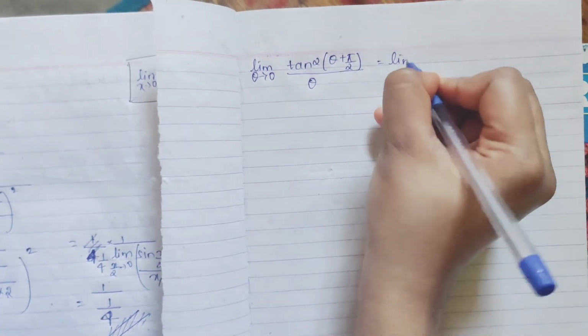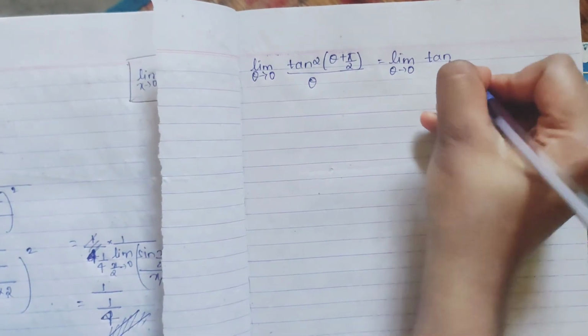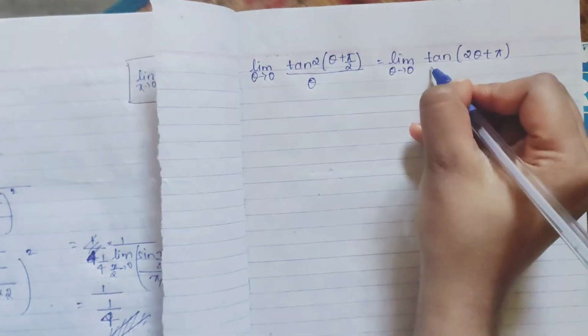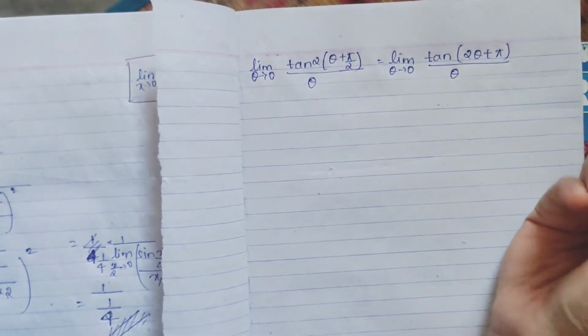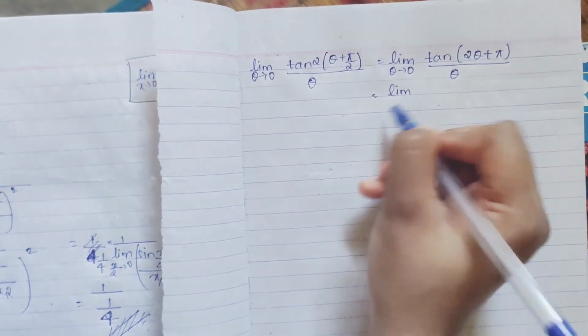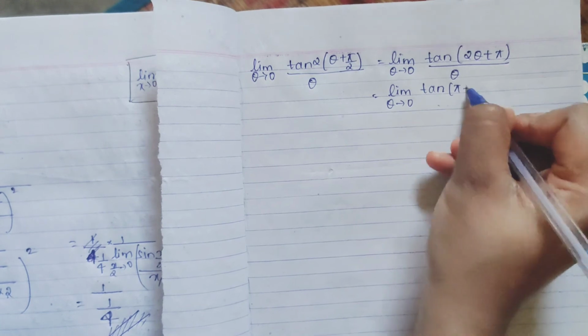So the next term will be limit theta tends to 0, and multiplying 2 inside, you get tan of 2 theta plus pi, divided by theta. Tan of 2 theta plus pi you can write as tan of pi plus 2 theta.